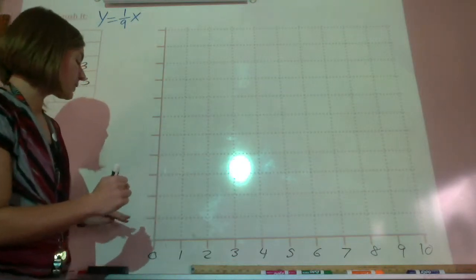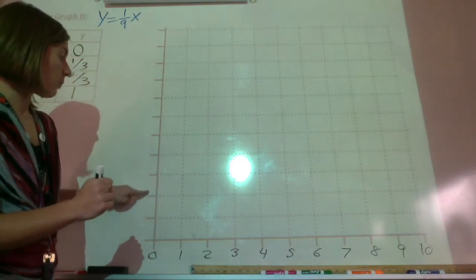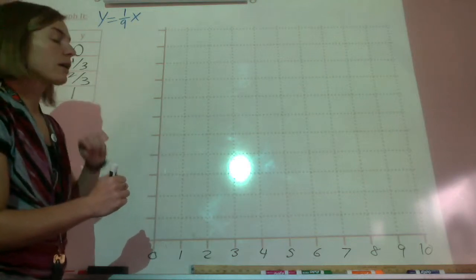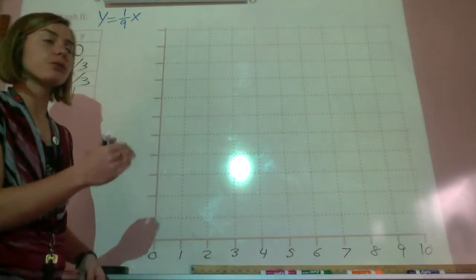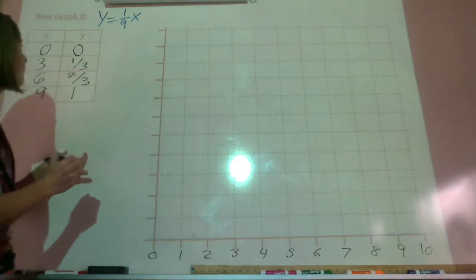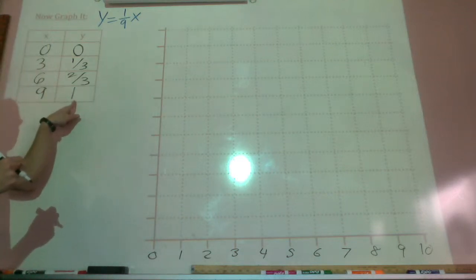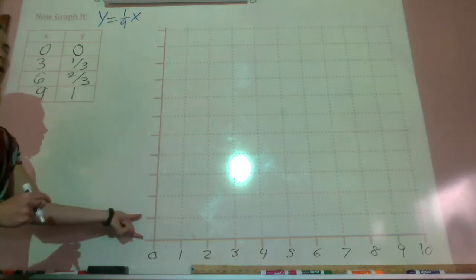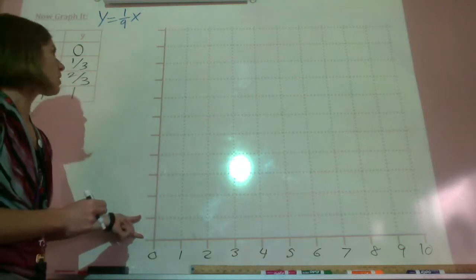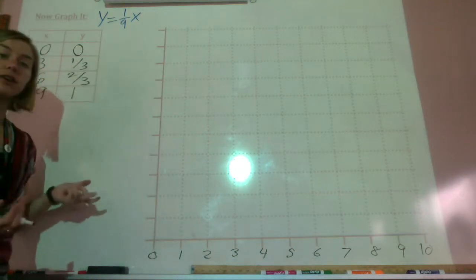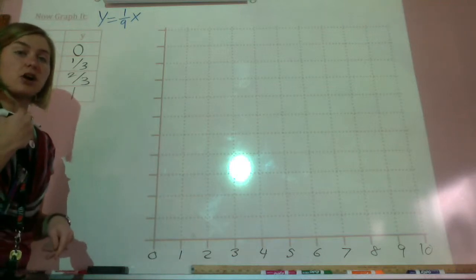Now we have to decide, do we want to put the y's as ones, or maybe you want to do every 2, every 3? Well, let's take a look. These numbers are pretty small, so maybe even doing each one is going to be too small. Maybe we should do every one as a third. We're allowed to do that. It's our choice.